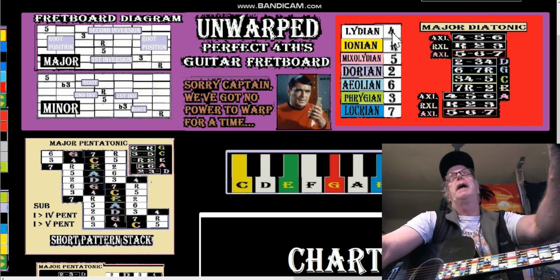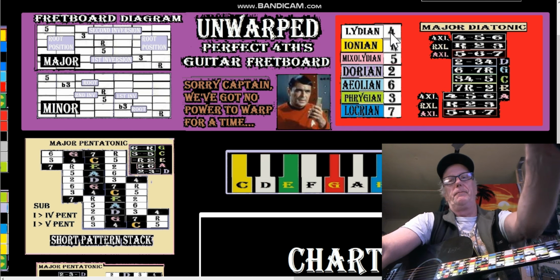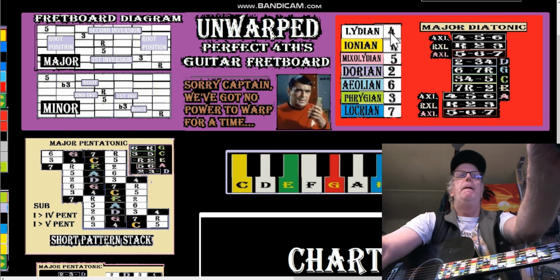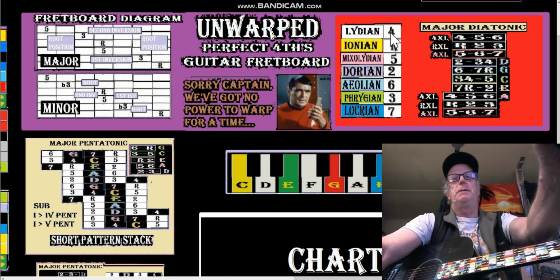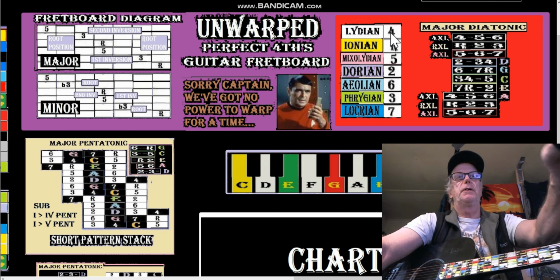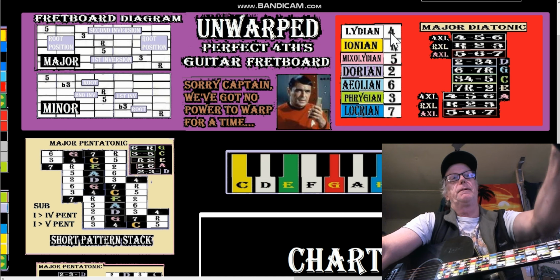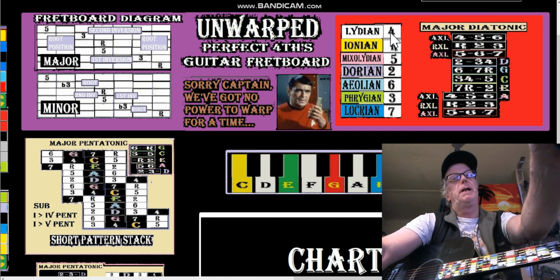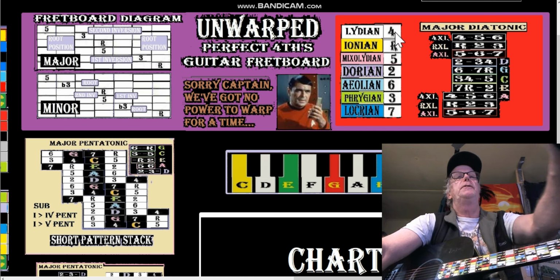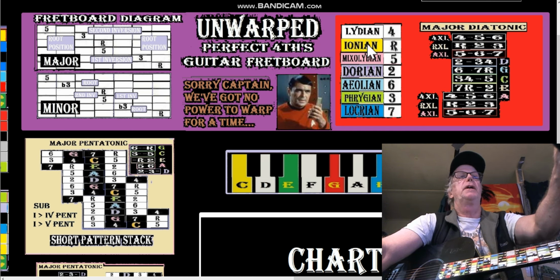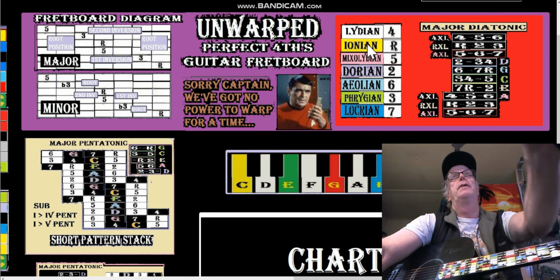If you had a triad off the fourth, that's not a Lydian because it could be a major. Just starting from the fourth. But if you go like this, that would be an Ionian because it hits the B flat. So the Lydian 4 is following the root diatonic scale from the fourth.